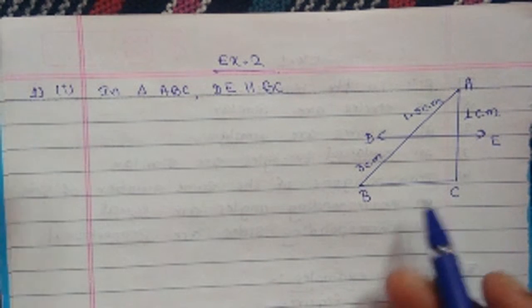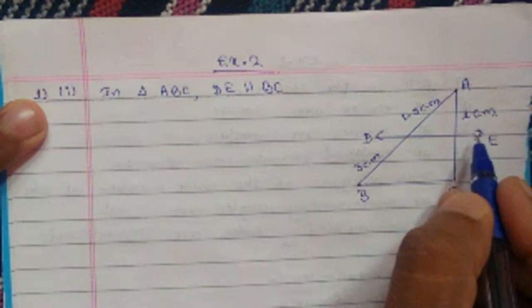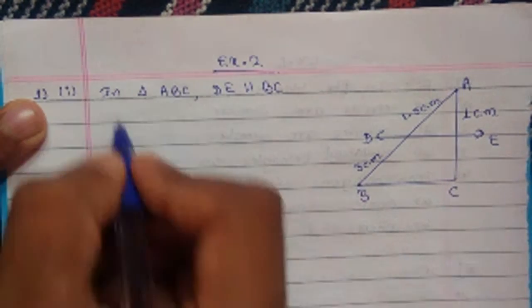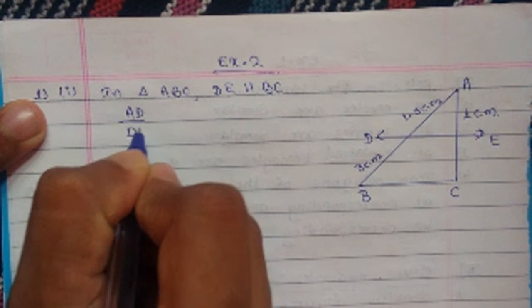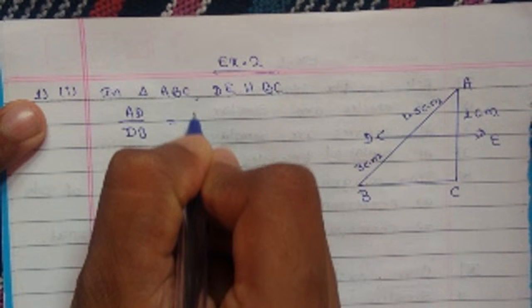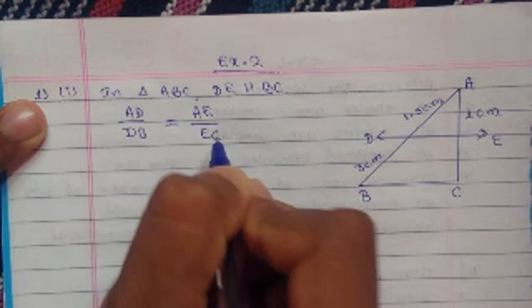We just proved that. So here AD divided by DB is equal to AE divided by EC.